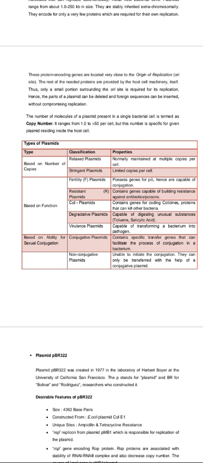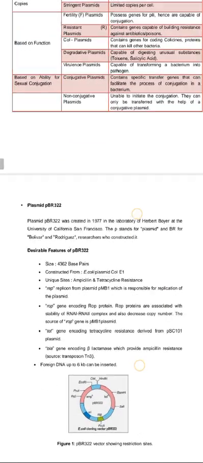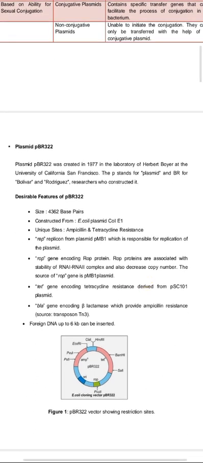Then, based on the ability for sexual conjugation, which we learned about earlier, there are plasmids related to the conjugation function of transfer of a factor. Conjugative plasmids contain specific transfer genes that can facilitate the process of conjugation in a bacterium. Non-conjugative plasmids are also there. Later we will learn some important plasmids, which I will explain in the next video. Thank you for listening.